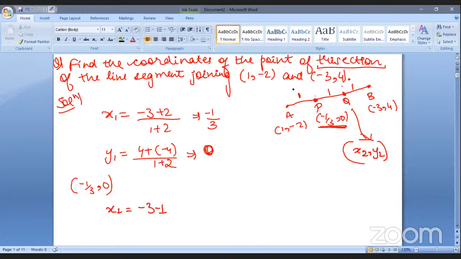Yes, it's very correct. So x1, this one plus this one, here we have this midpoint formula, right? Divide by 2. Just tell me that I'm doing correct.